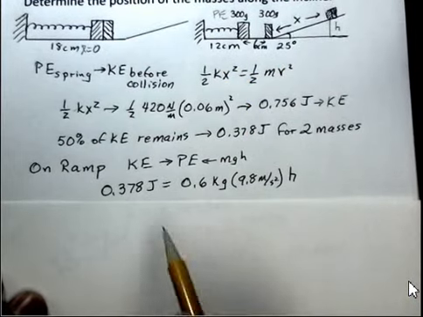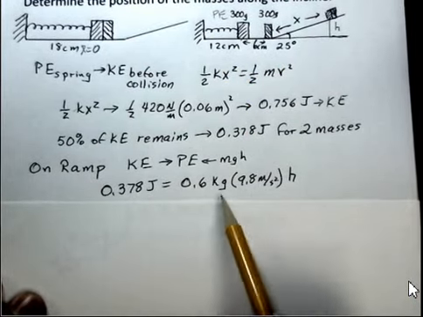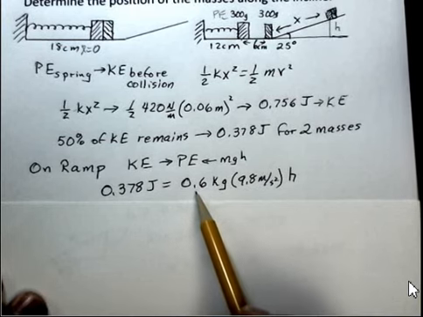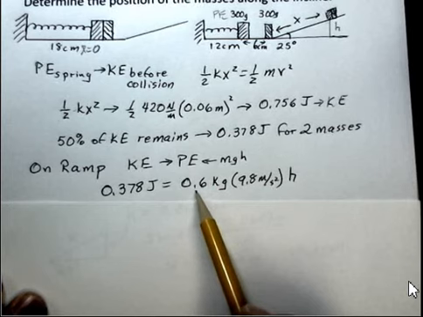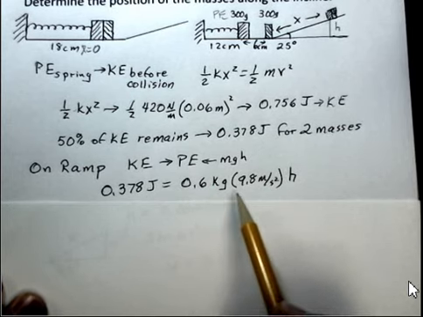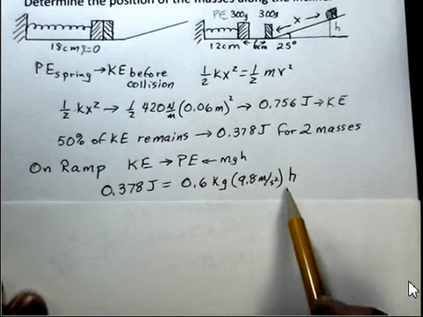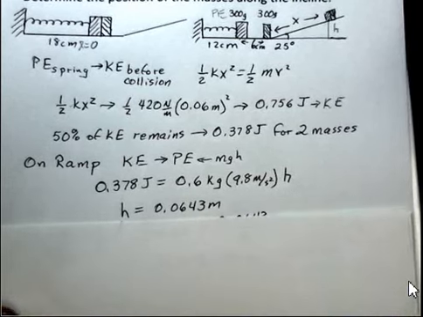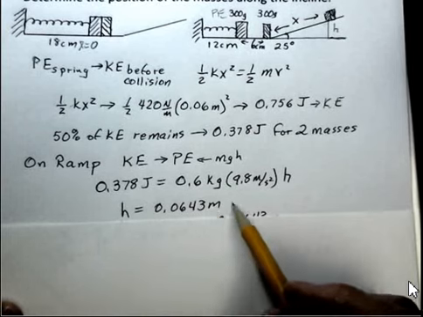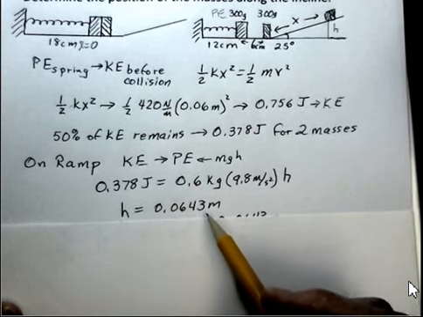So 0.378 joules, that's kinetic energy. mgh, we have two 300-gram masses, so 0.6 kilograms. Each mass is 0.3 kilograms. There are two of them. g is 9.8 meters per second squared, and h is unknown. So you can use your calculator. I came up with 0.0643 meters, 6.43 centimeters.